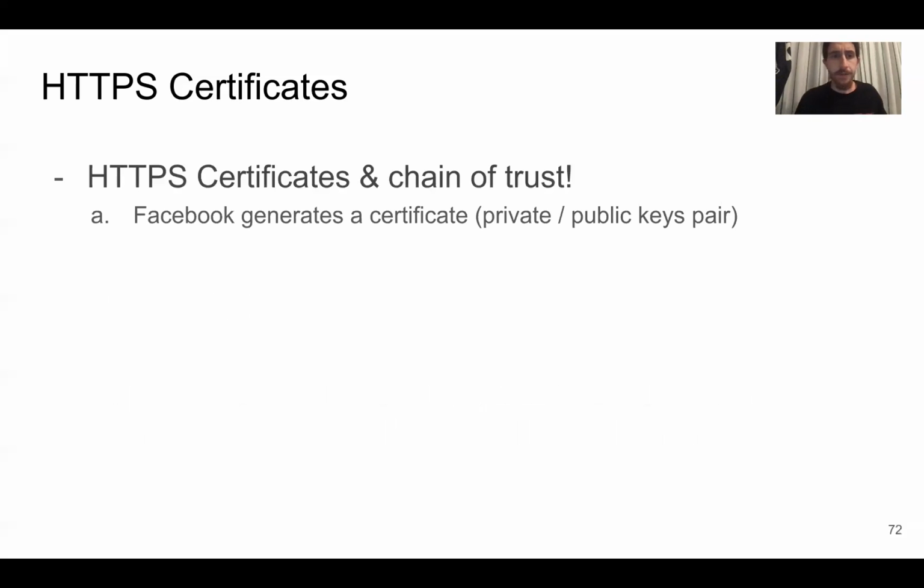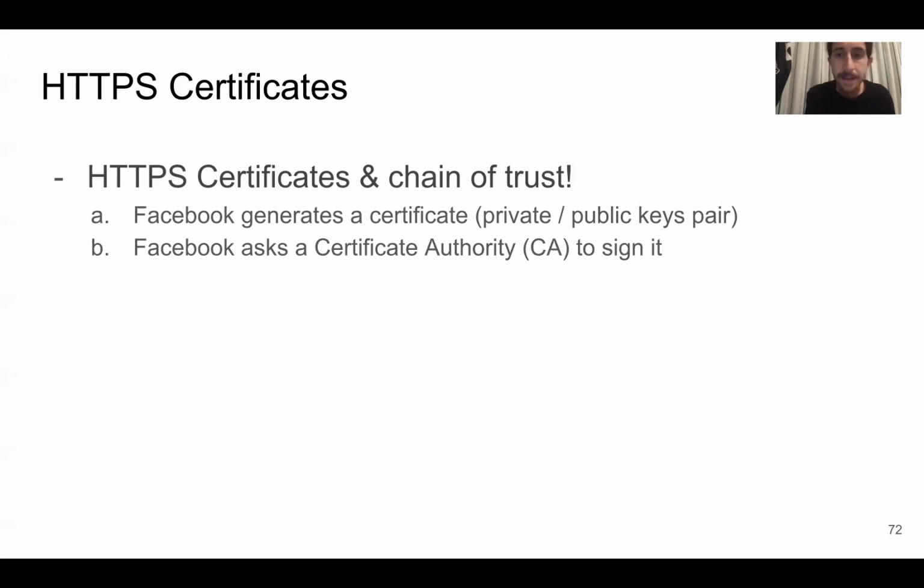So again, there is a chain of trust, and I'm trying to rephrase what I just explained in the previous slide. The way it works is that Facebook generates a key pair. The certificate is the public key plus the metadata. Facebook has a certificate authority sign this public key and metadata combination. Ideally the certificate authority asks, who am I talking to?